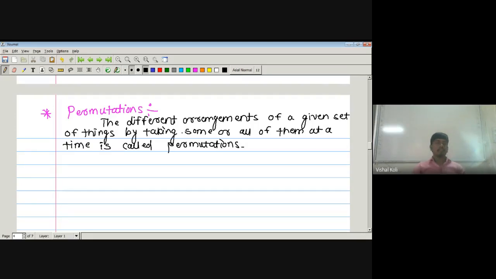So the different arrangements of a given set of things by taking some or all of the given elements at a time is called a permutation.